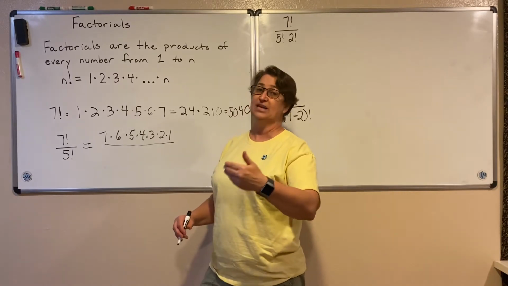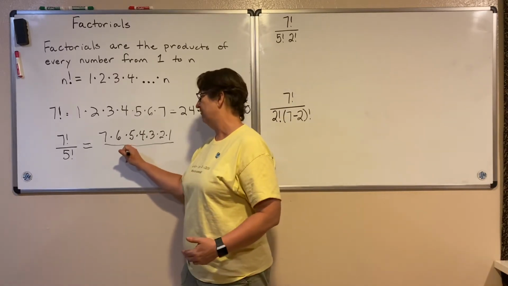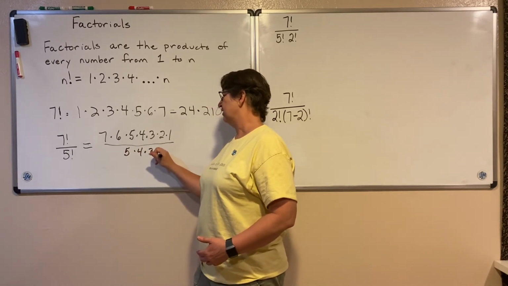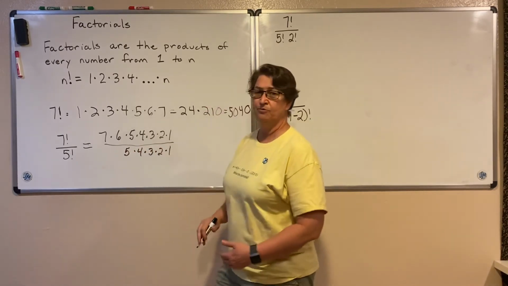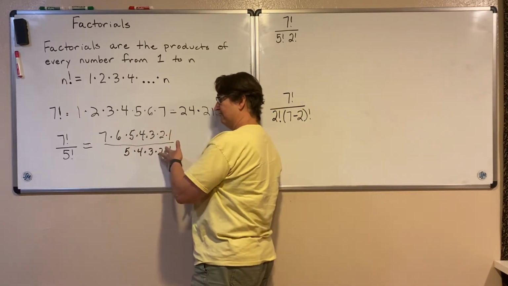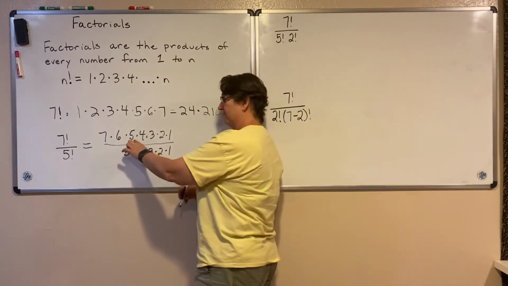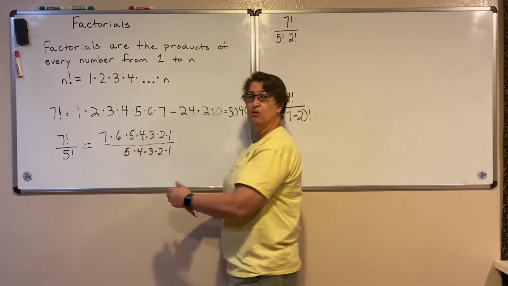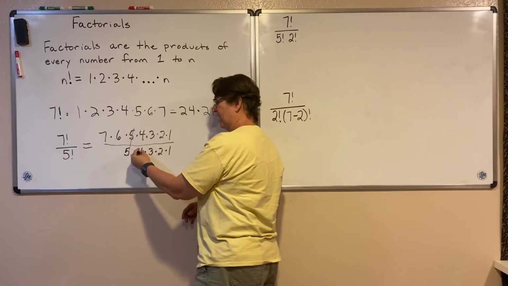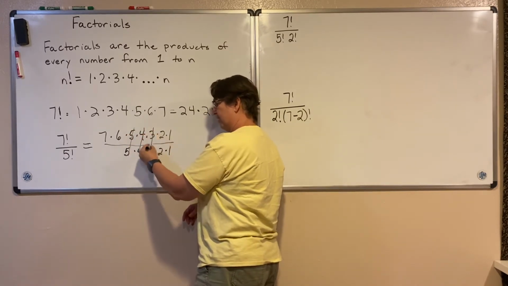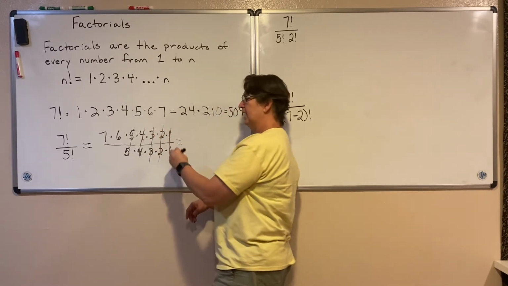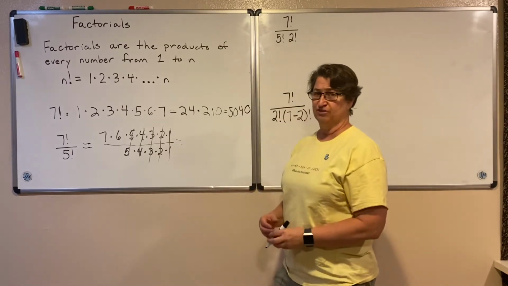Or we could count it in descending order starting at 5. 5 times 4 times 3 times 2 times 1. Now notice when we have that 7 factorial over 5 factorial, that here I have a 5 on top and a 5 on bottom. Those cancel, or they become 1. The 4 divided by 4 is 1. The 3 divided by 3 is 1. The 2 divided by 2 is 1. The 1 divided by 1 is 1. And I'm just left with 7 times 6.